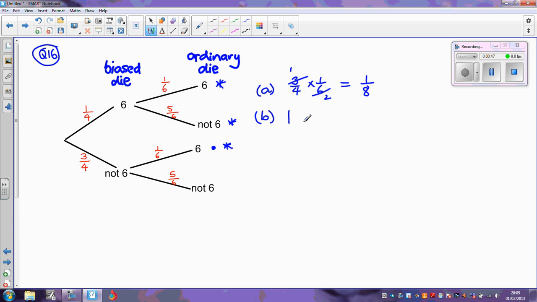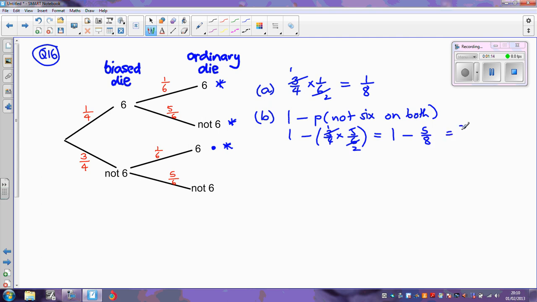So the easiest way to do that is to do 1 minus the probability of not getting a 6 on both dice. In other words, I'm going to do 1 minus 3/4 multiplied by 5/6, which is 1 minus, I can cancel there 1 and 2, so it's 1 minus 5/8, which comes out as 3/8.